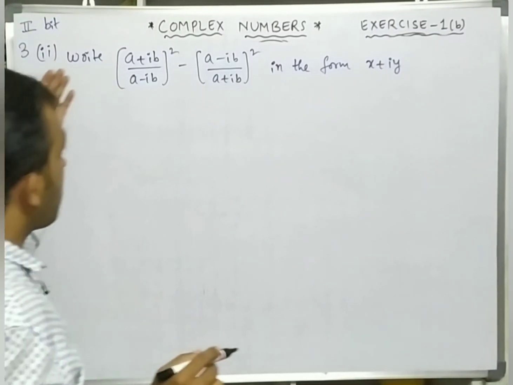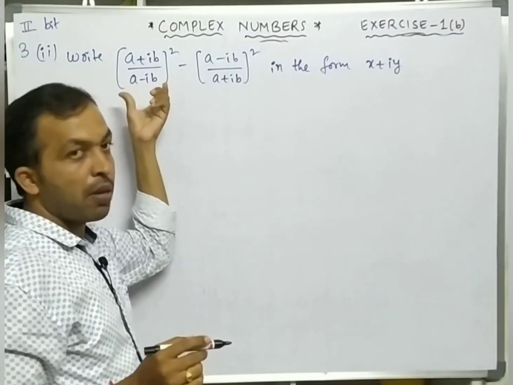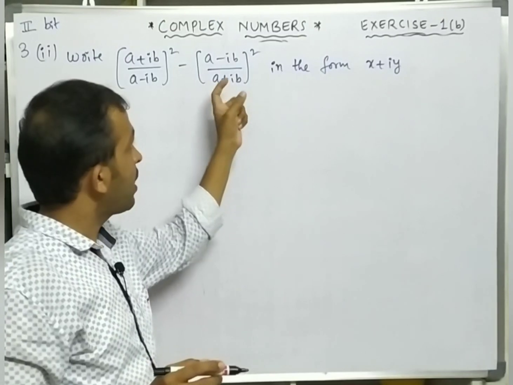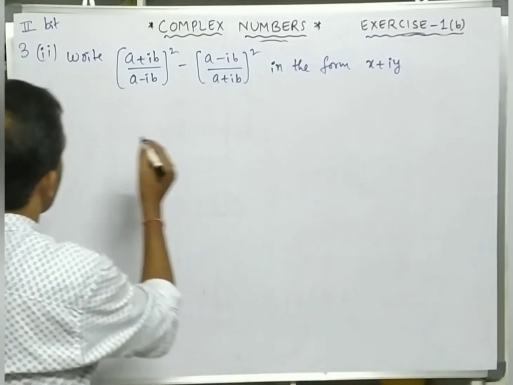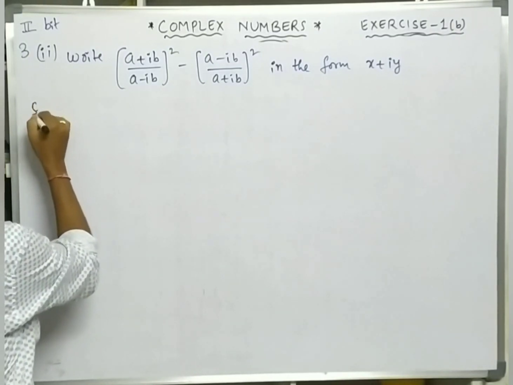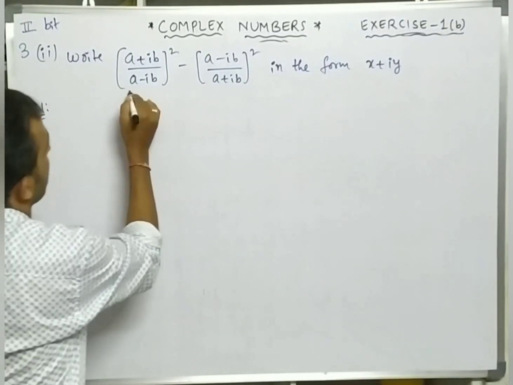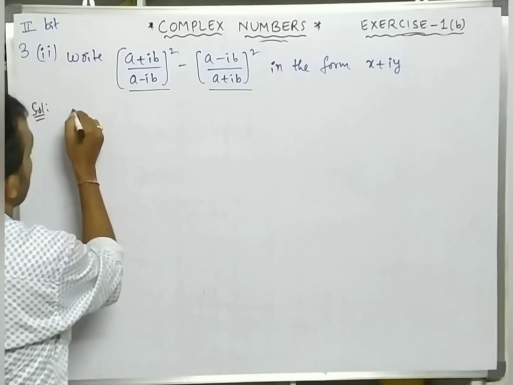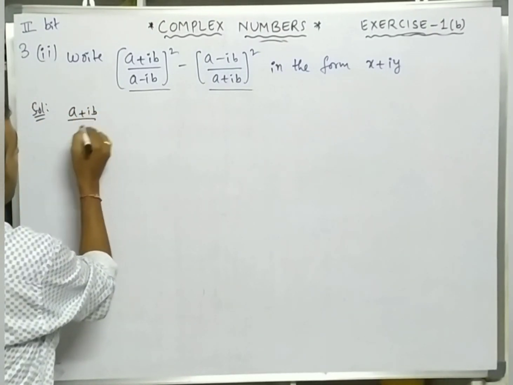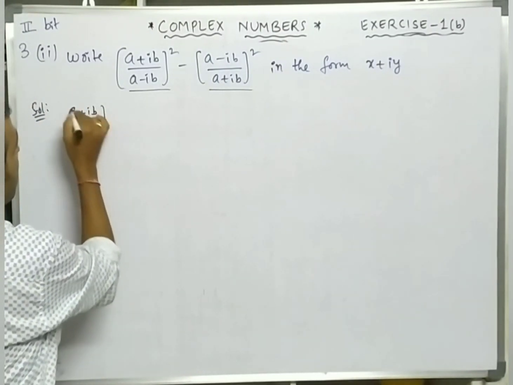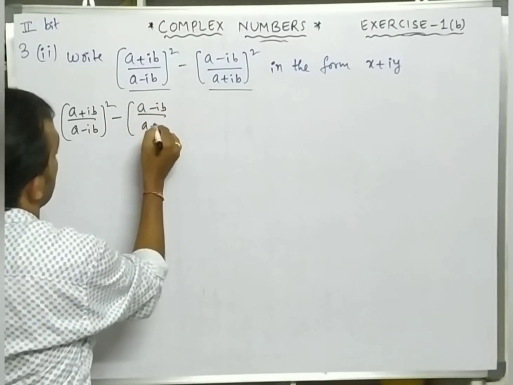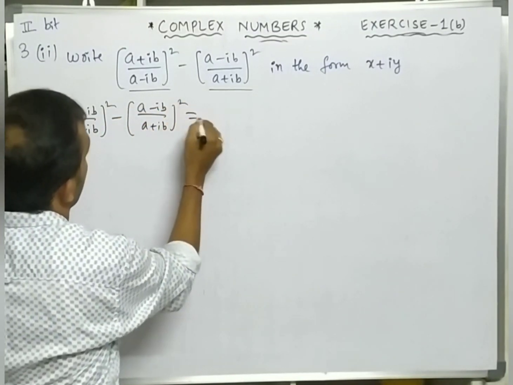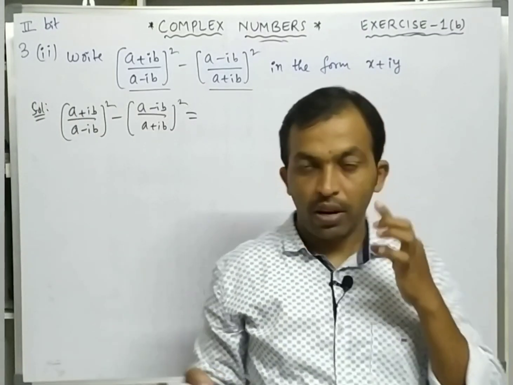Write the second problem: write a plus ib by a minus ib whole square minus a minus ib by a plus ib whole square in the form of x plus iy. So take this expression. This is of the form a square minus b square, right?